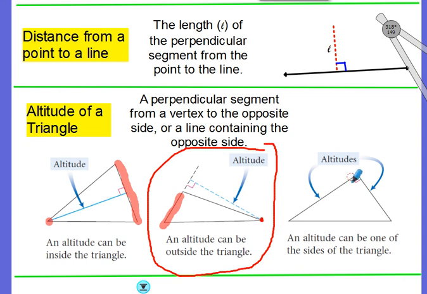And then over here we have a right triangle. I know the left and the middle ones have 90-degree angles, but those are formed by the altitude; they are drawn in after we make the altitude.